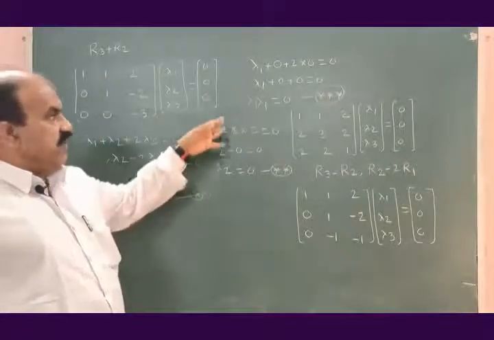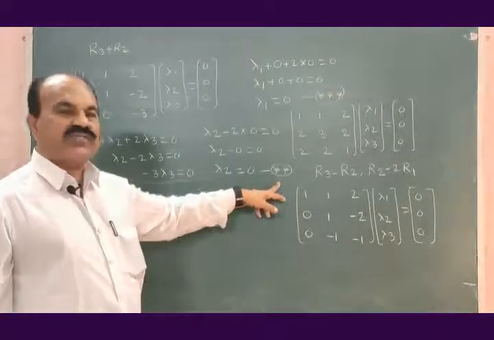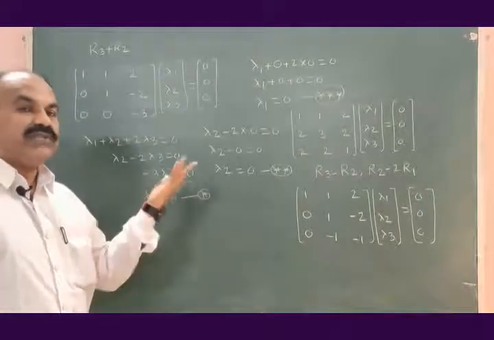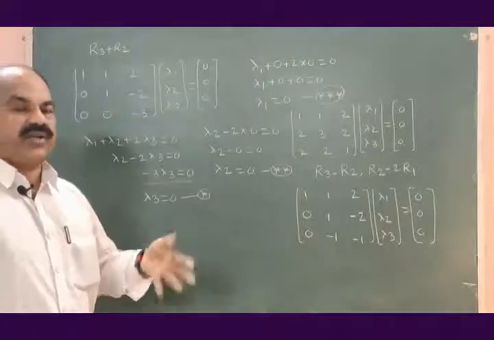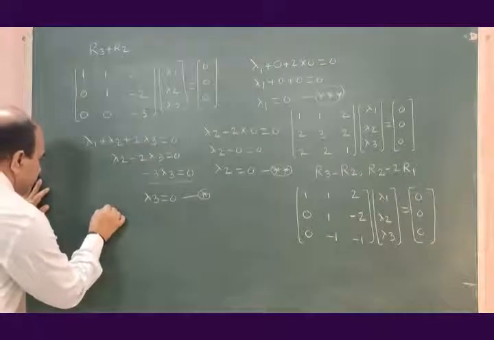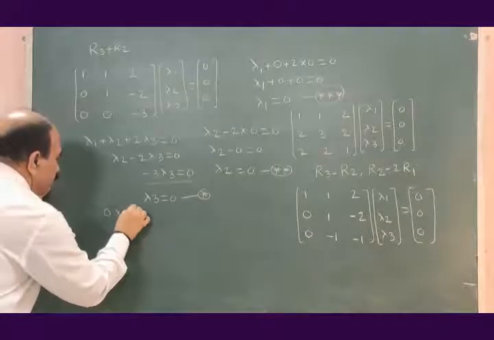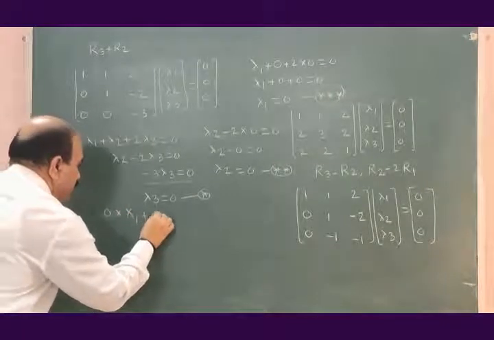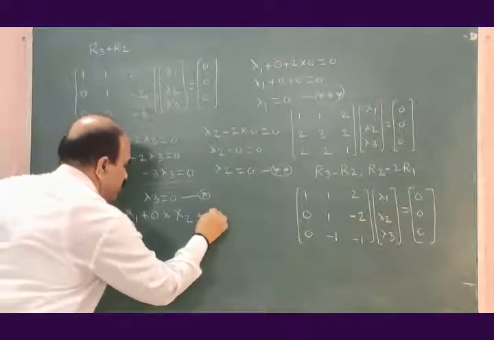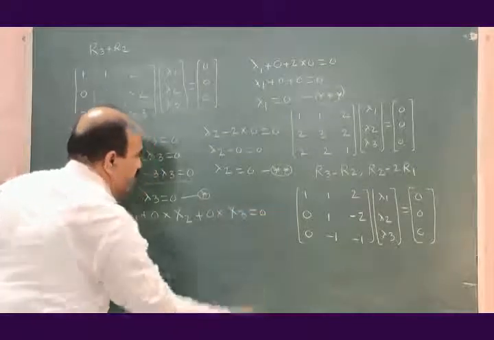Let us put the values of lambda 1 from this equation, lambda 2 from this equation, lambda 3 from this equation into the equation lambda 1 x1 plus lambda 2 x2 plus lambda 3 x3. 0 into x1 plus 0 into x2 plus 0 into x3 is equal to 0.